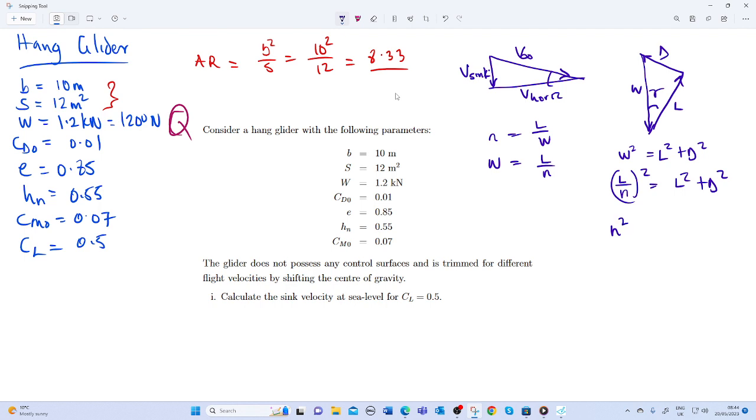So therefore, our n squared becomes L squared over L squared plus D squared. So n equals the root of L squared over L squared plus D squared. My load factor becomes CL squared over CL squared plus CD squared.